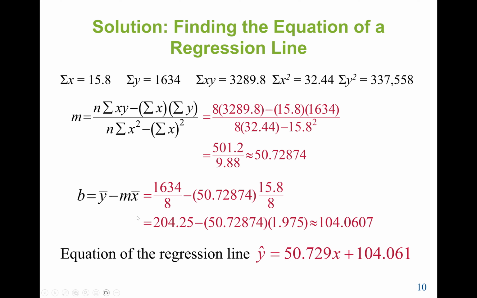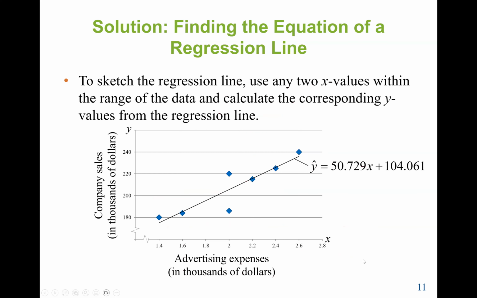So now we know the value of b and the value of m. Our predicted equation will be y caret equals 50.729x plus 104.061. From here, we can predict any y value based on the x value.